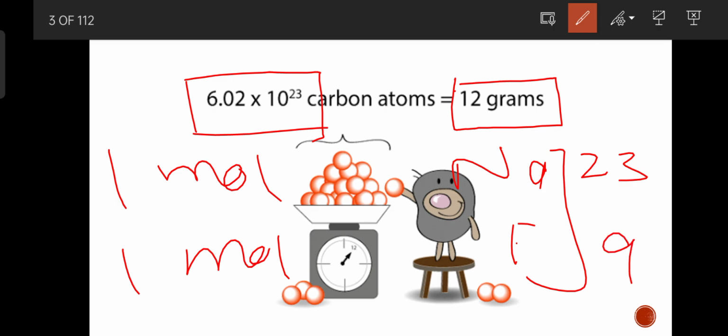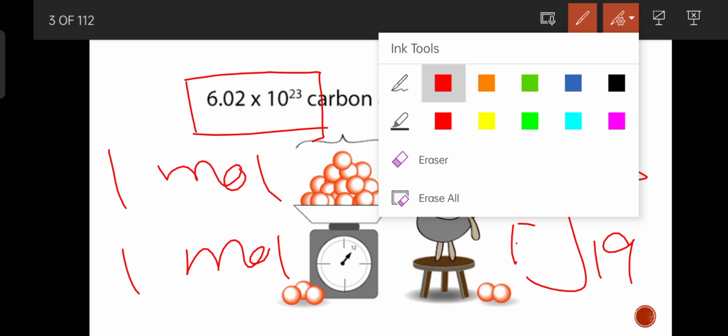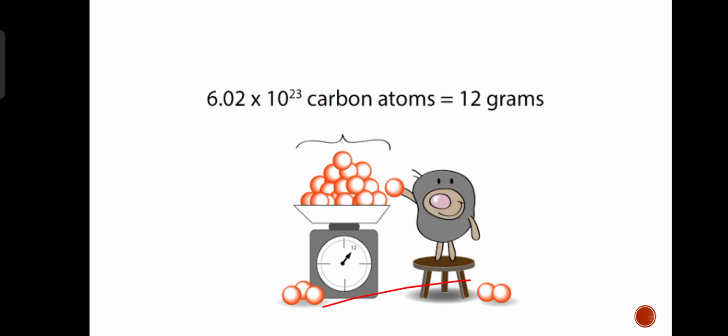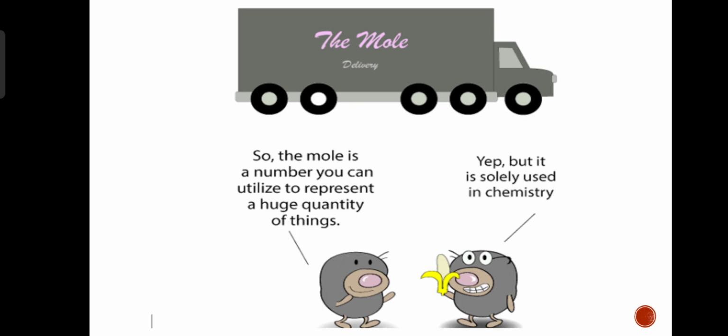For sodium it is 23, for fluorine it is 19. Sorry, its atomic number, it's 19. Clear? Number of particles will be same, but they do have their own relative atomic masses.